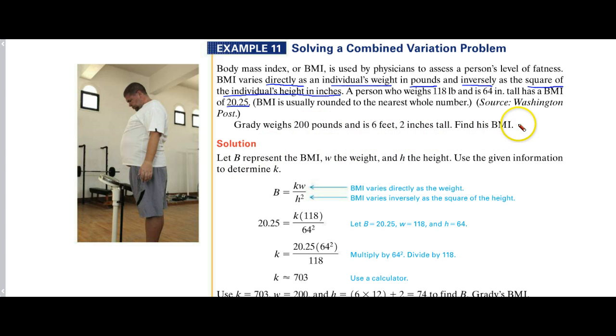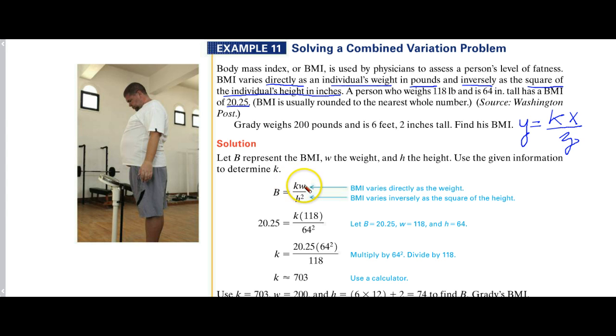So again, the general formula would be like Y equals KX over something. This would be a combination of direct and inverse. So here you see we're going to replace the Y with the B. We don't know the K, but the K is always in the numerator.